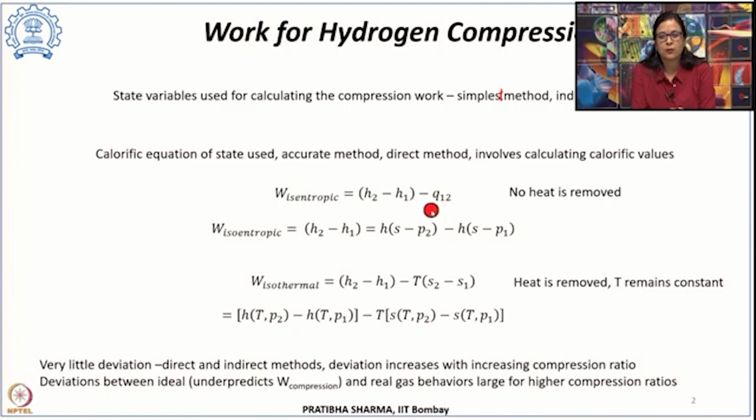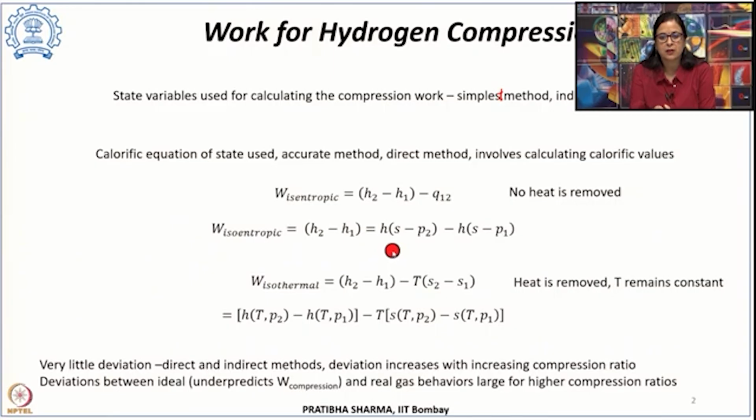But since this is 0, the isentropic work can be written as the difference in the specific enthalpies of the two states, where the pressure has changed from initial pressure P1 to a final pressure P2. Since it is an isentropic process, the entropy remains constant.